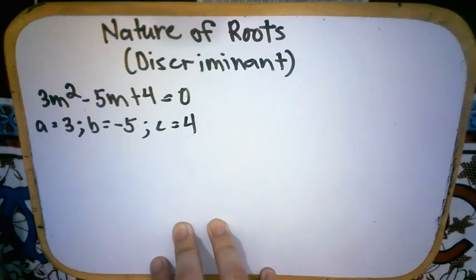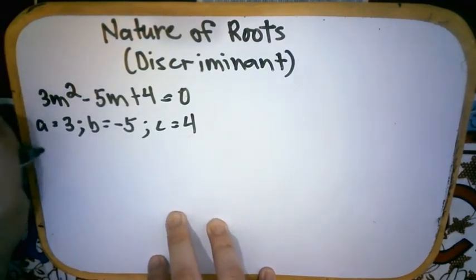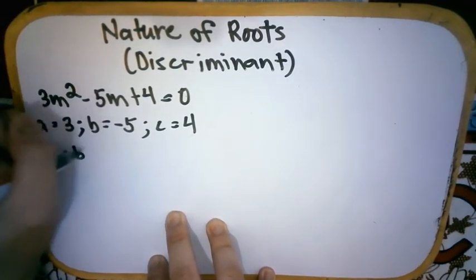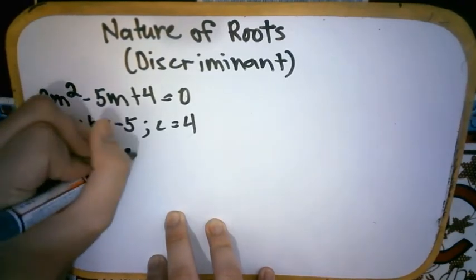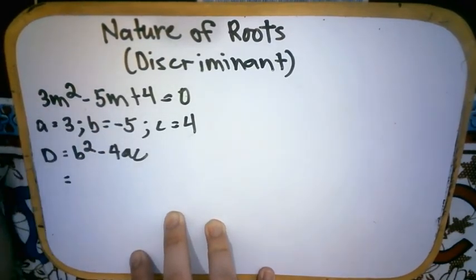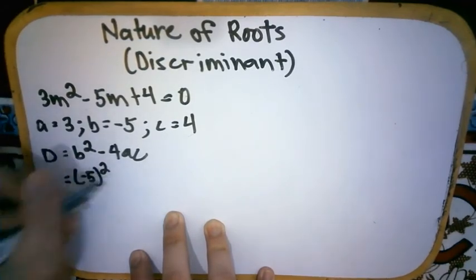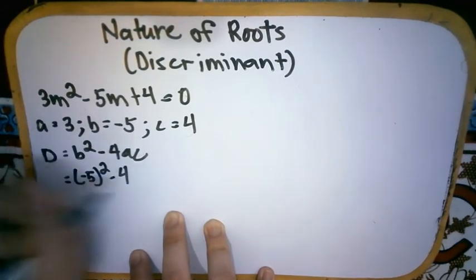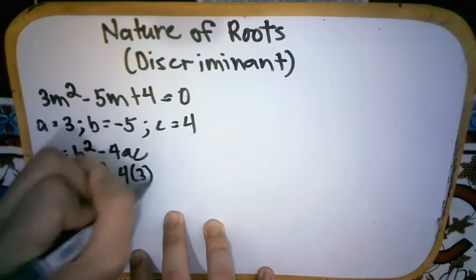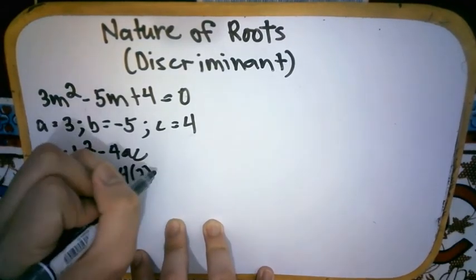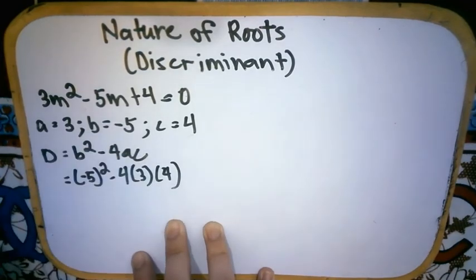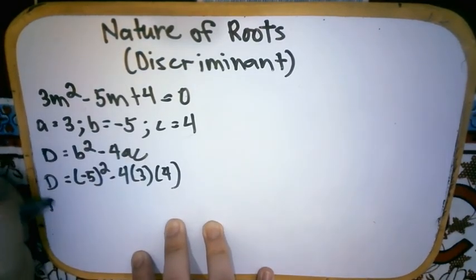After that, we're going to substitute the value. Ang formula natin ay b squared minus 4ac. Substitute. Ang b ay negative 5 squared minus 4. Ang value ng a ay 3, and then ang value ng c ay 4. After that, we are going to solve.